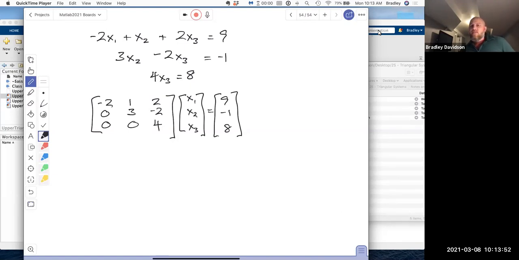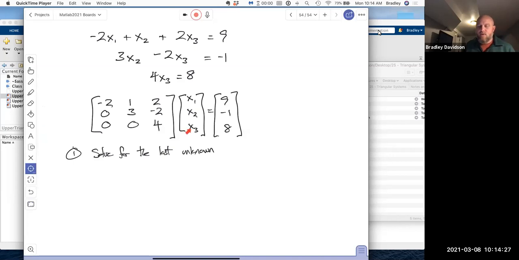All right, so let's go step by step on how to solve this. Using essentially elimination of unknowns, that's still the concept we're working with. In fact, we're just going to solve and then substitute. We don't have to use elimination of unknowns, rather. So our first step is going to be to solve for the last unknown, the last unknown in the column matrix of x's.